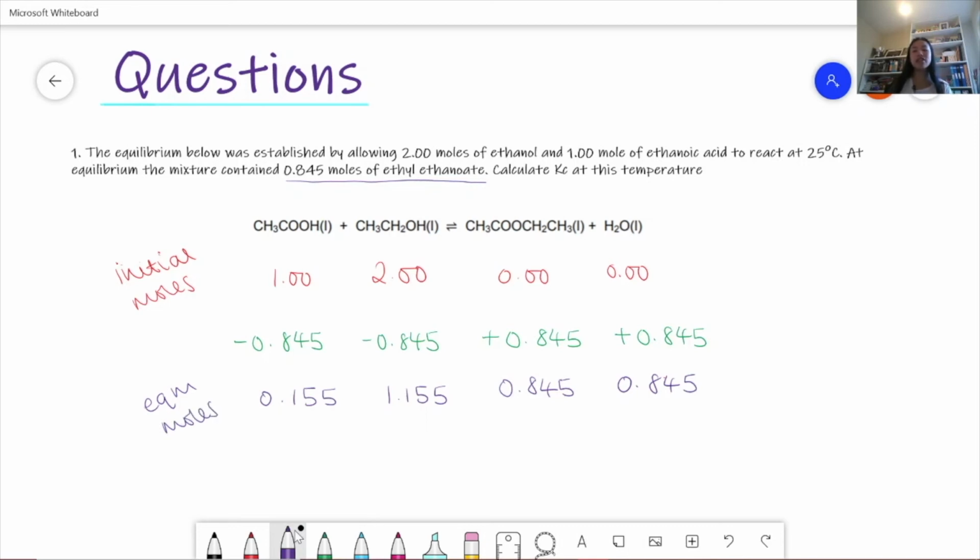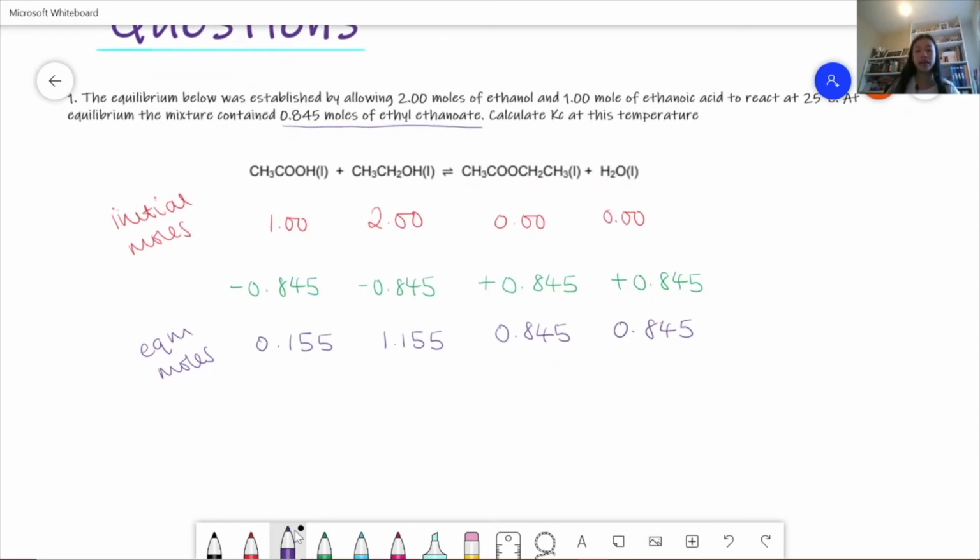Now, because everything's going together, we have the same volume. That means that we can just use Kc with the moles instead of the concentrations. And so working out the Kc, Kc equals the moles of the ethyl ethanoate times the moles of water divided by the moles of ethanoic acid and the moles of ethanol.